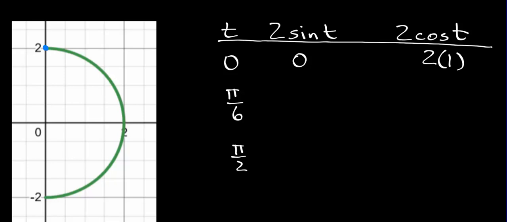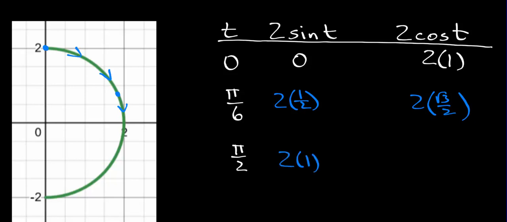Now let's try the pi over 6. If we put in the pi over 6, notice we've got 2 times 1/2 right there. And over here is 2 times square root of 3 over 2. So you can see, we get this point down here, and it's clear the graph is moving this way. Now, if we put in a pi over 2, this is going to be 2 times 1.